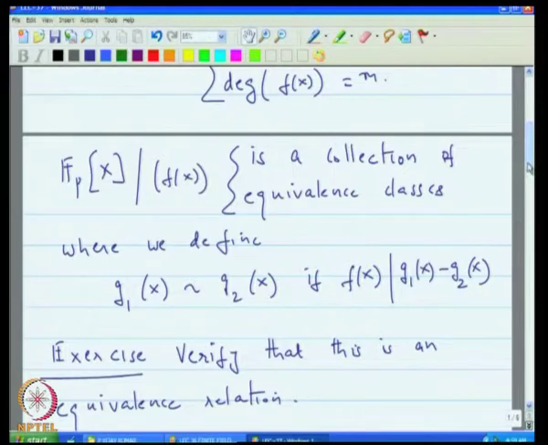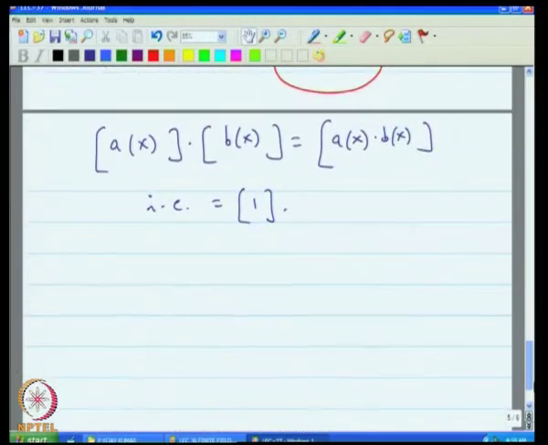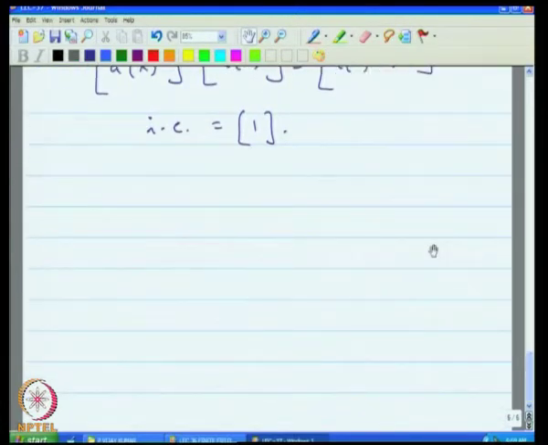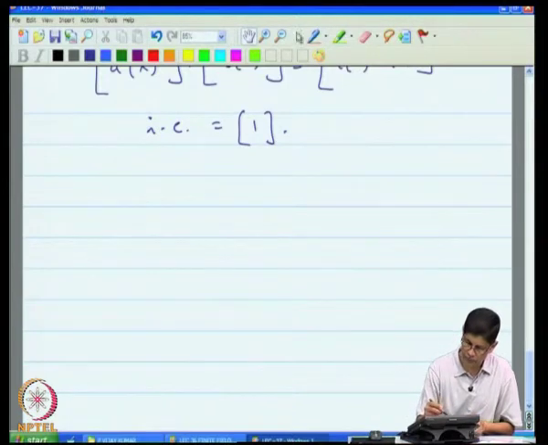And now for the first time we are going to use the property that f of x is irreducible. It plays a role in ensuring that every element has an inverse. So how do you prove that? We will do an example to show how one would compute the inverse in general.